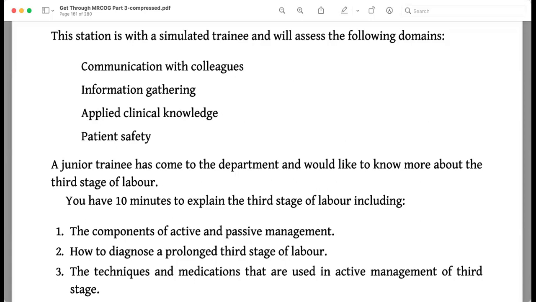I don't know how to perform it, and I have also noticed some patients would like to have the passive third stage. Some patients need the active third stage, and I don't know what is the difference between both of them.